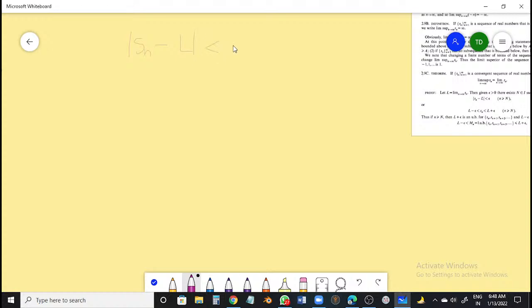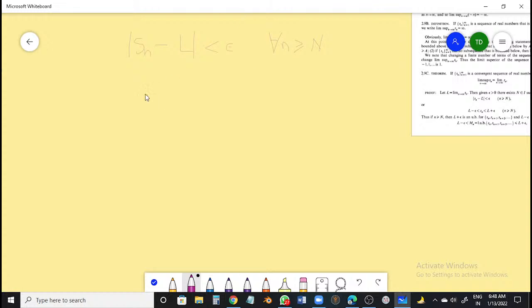So close to L meaning smaller than epsilon. The difference is smaller than epsilon for all n after certain fixed natural number capital N. So this is what we mean by the convergent sequence, and limit is L.